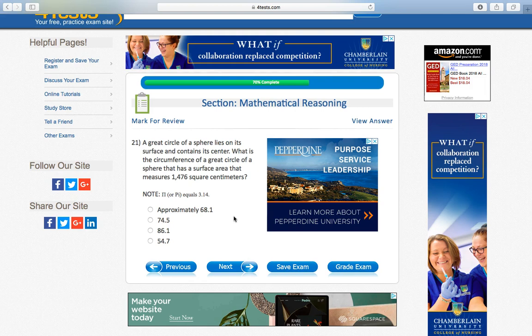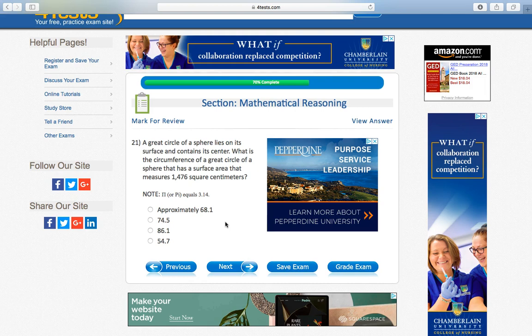So 4 times 3.14 gives us 12.56 r squared equals 1476. Divide each side by 12.56, and we get the radius squared by itself. The radius squared equals 117.5. Radius is 10.8. Okay, so we still haven't even solved it yet.